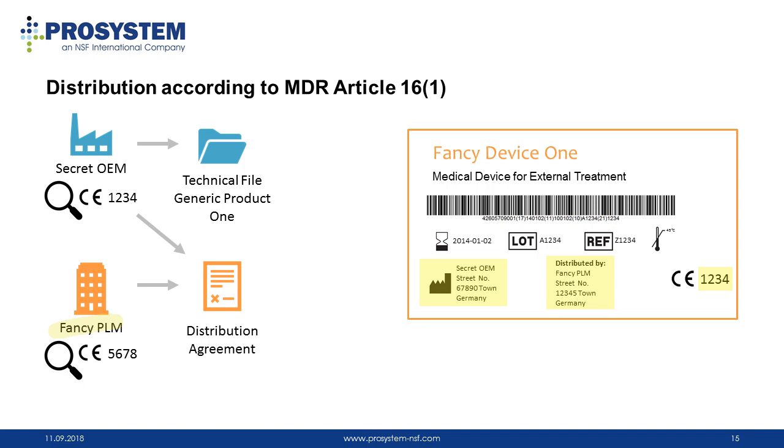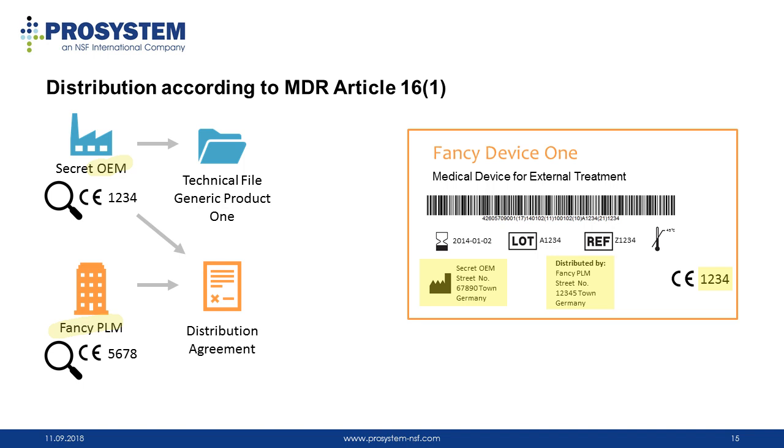Regarding the documentation, there isn't a lot of change, because then the OEM is the legal manufacturer as well, and they are then responsible for the complete technical file, the complete technical documentation, and also the further requirements when it comes to post-market surveillance, the complete vigilance system, complaint handling system.